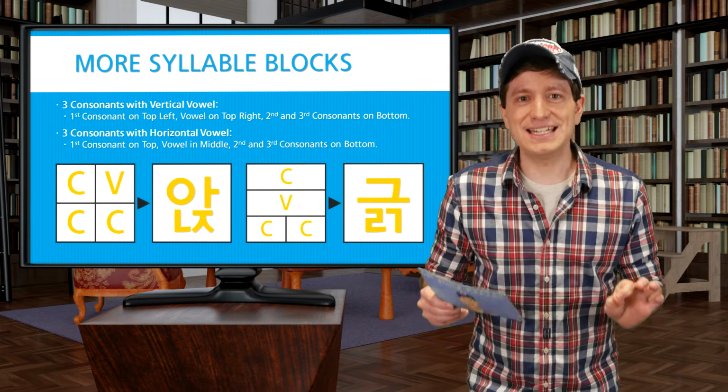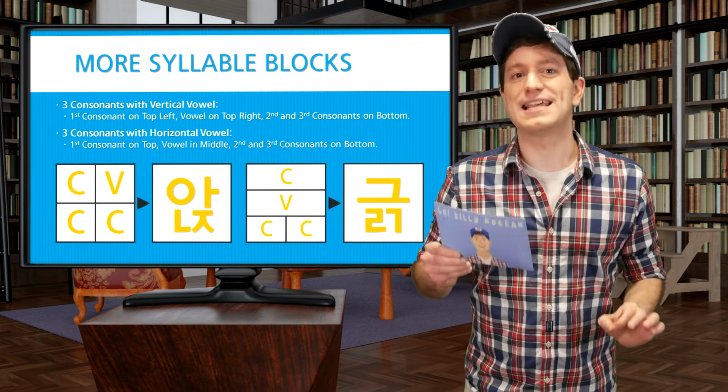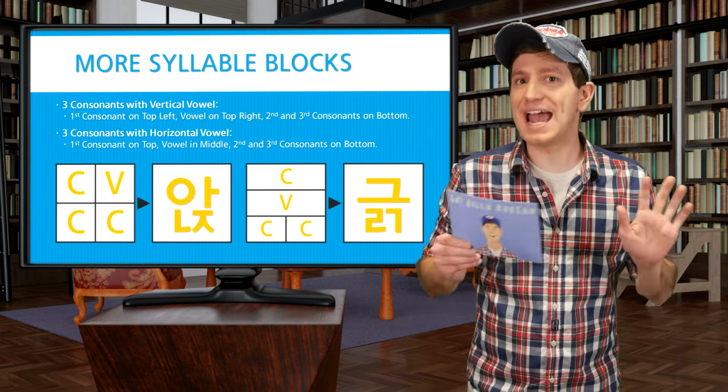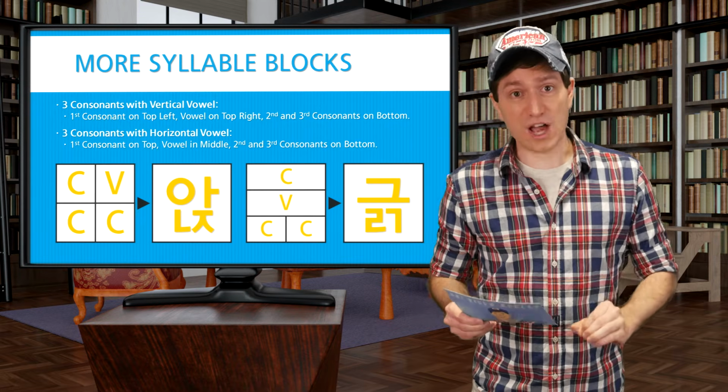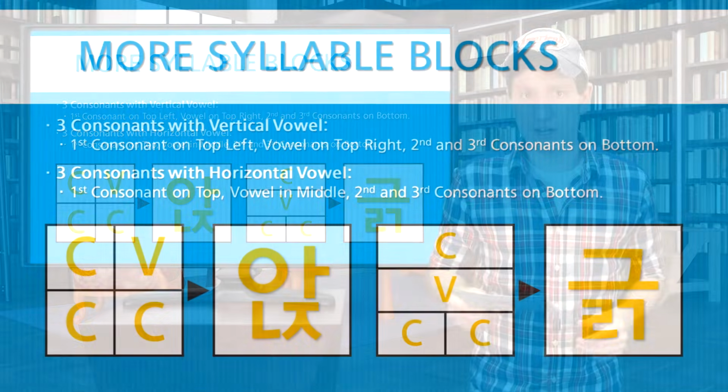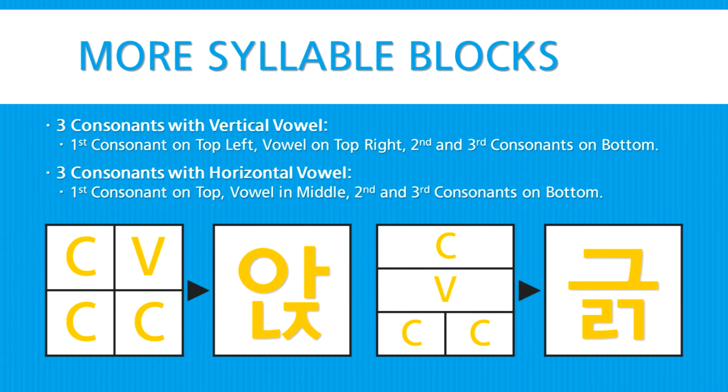Again, you're going to need to look at whether that vowel is a vertical vowel, such as a or ya or yo or o, any of those, or a horizontal vowel, such as o or u, or any of those. If it's a vertical vowel, you'll simply put a consonant to the left of a vowel, just like we did in the very beginning, and you'll stick the additional 2 consonants below that, in kind of a box shape.